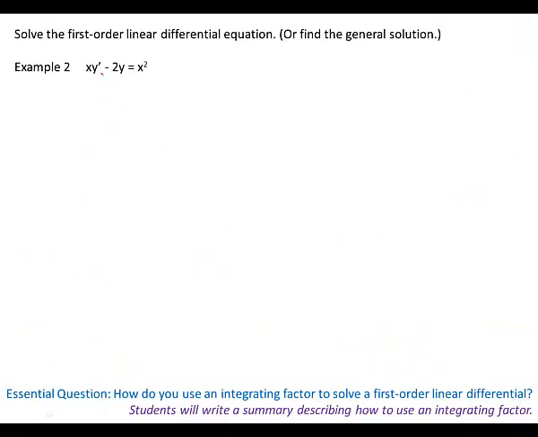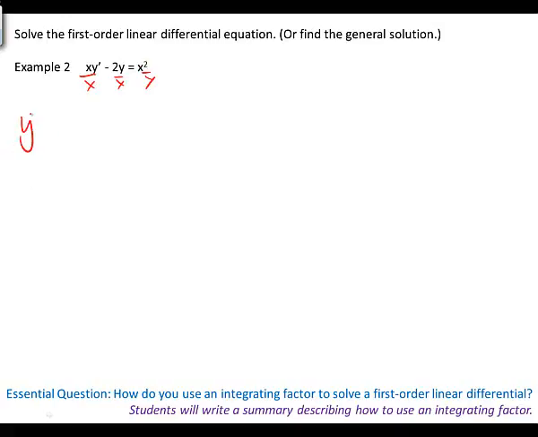So, the first thing I have to do is make sure it's just y prime minus a polynomial times y equals a polynomial. I need to move that x. How do we move the x? Divide. So I'm going to divide everything by x to begin with. Okay?